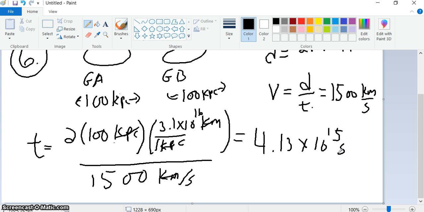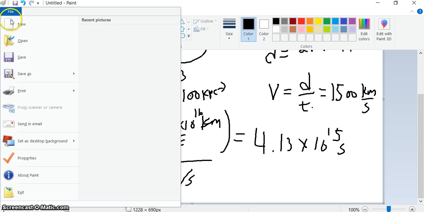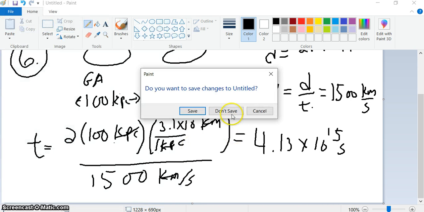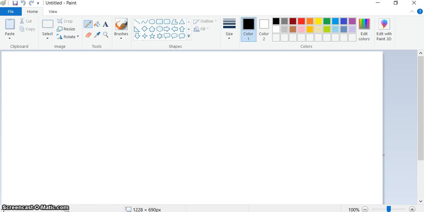All right, so this is an enormous amount of time. Wouldn't it be nice to figure out how much time this is in years? Okay, so let's go ahead and do that. This is just a continuation of problem 6.